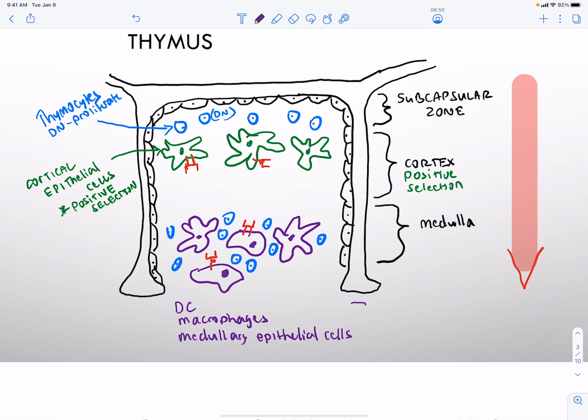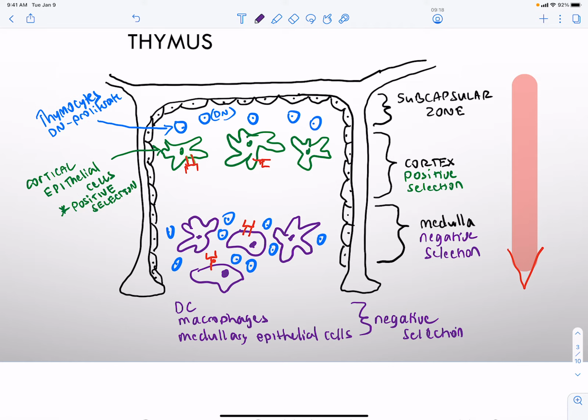And all of these will be in the process of negative selection. So in the medulla is where you have negative selection. Now each of these has its own role in negative selection.